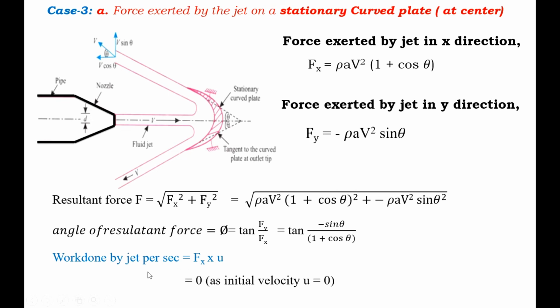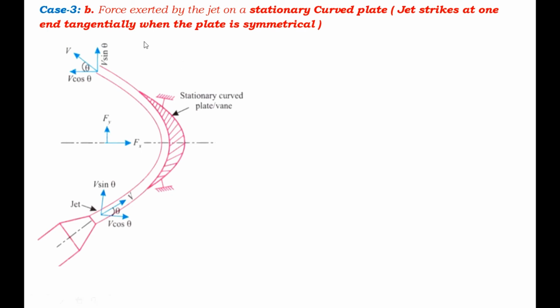Now consider the next case. The jet strikes the curved plate at one end tangentially when the plate is symmetrical. The jet strikes the curved fixed plate at one end tangentially as shown in the figure. Let the curved plate be symmetrical about the x-axis, then the angle made by the tangents at the two ends of the plate will be the same.